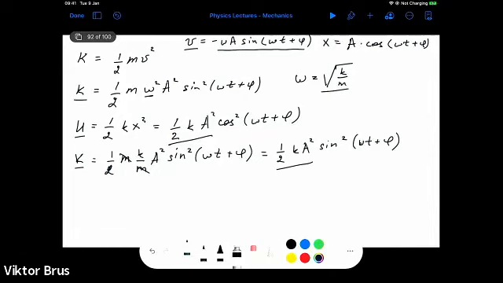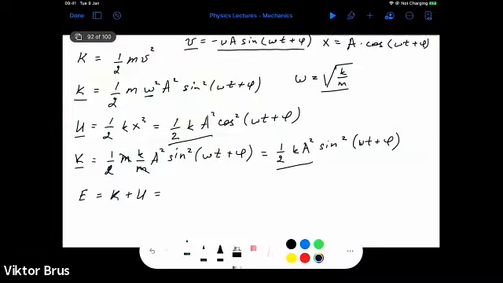So we can factor it out, and then when we calculate the total mechanical energy of the simple harmonic motion, so total mechanical energy is equal to the sum of kinetic energy plus potential energy. And this, okay, sorry about that. Total mechanical energy is equal to the sum of kinetic and potential energy.